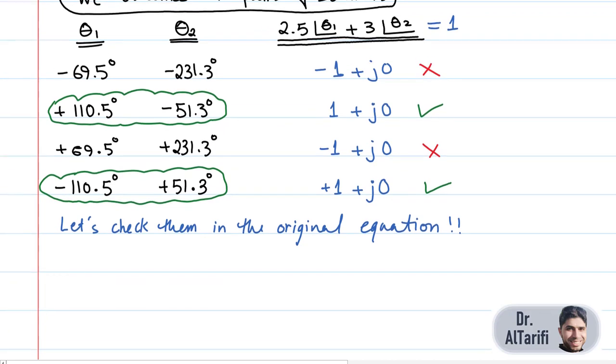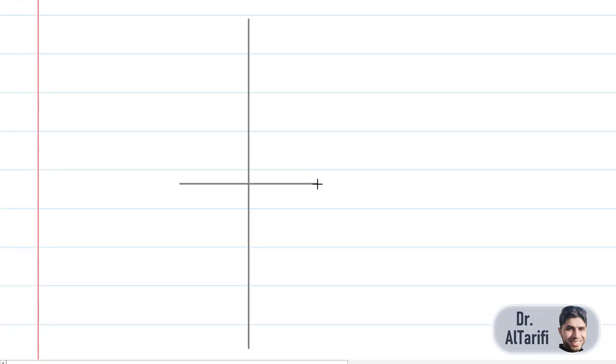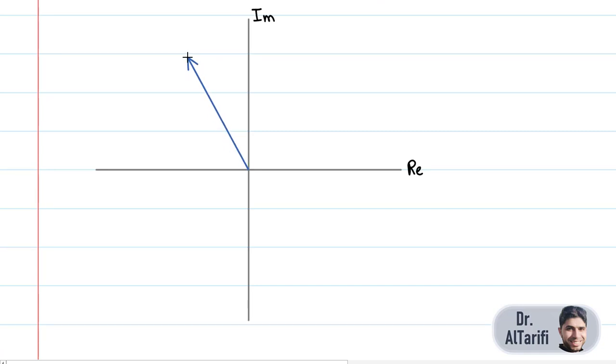A visual demonstration of these solutions is possible by looking into the solutions on the complex plane. Let's apply the first solution. We have a vector of magnitude 2.5 and phase of 110.5 degrees. We also have another vector of magnitude 3 and phase angle of minus 51.3 degrees.